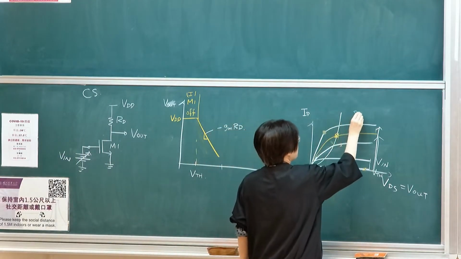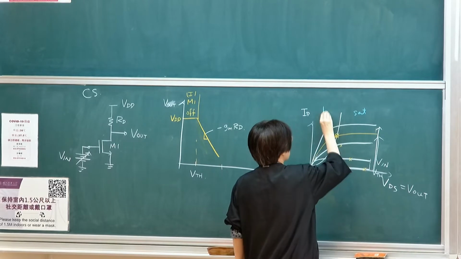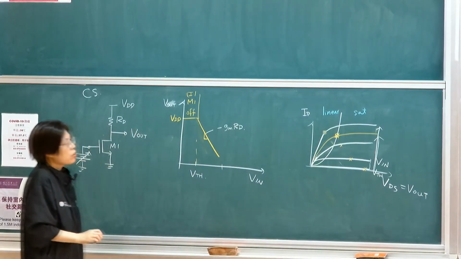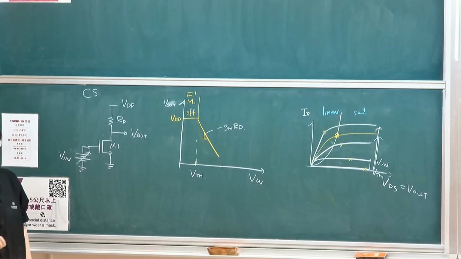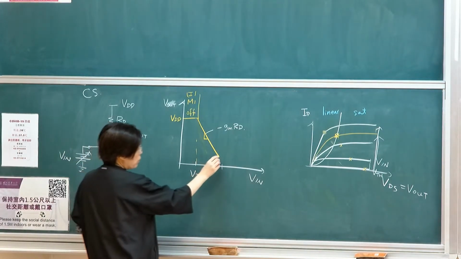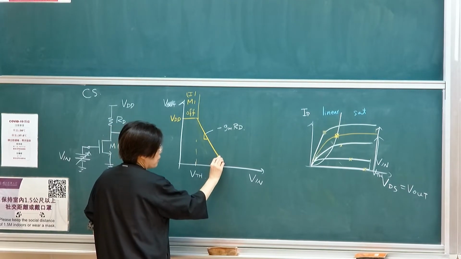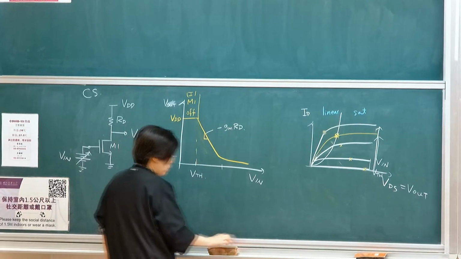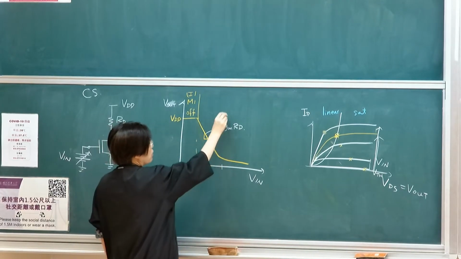This is saturation, this is linear. So how does one determine the turning point where it would then enter the linear region?